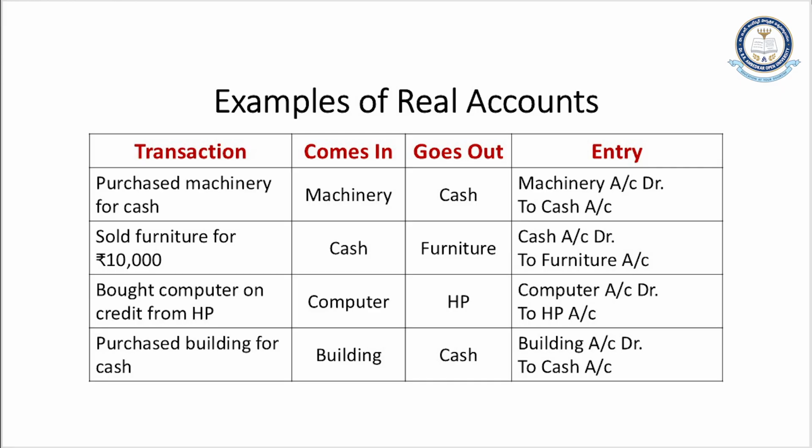So the transaction will be machinery account debited to cash. So cash is being credited because it's going out. So in each of these transactions, a dual entry we can see, that one real account being debited, another real account being credited.